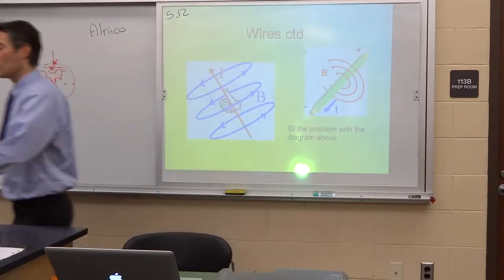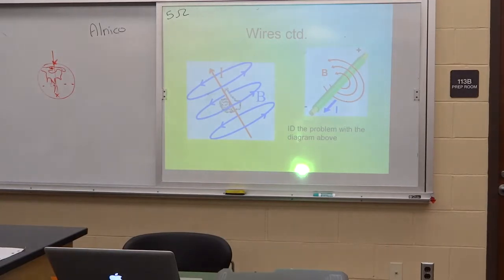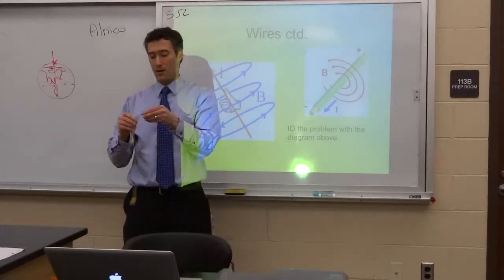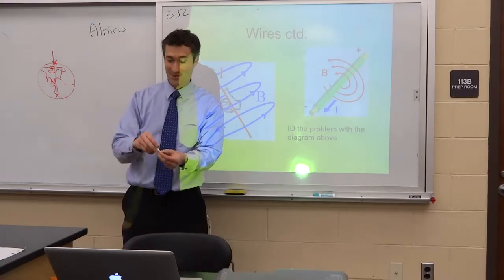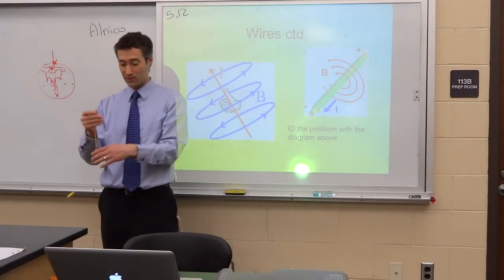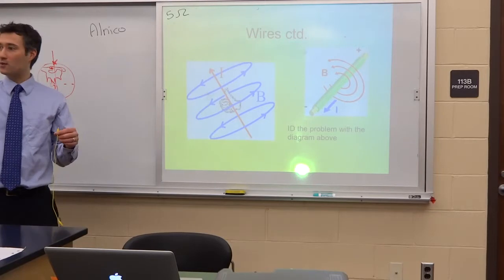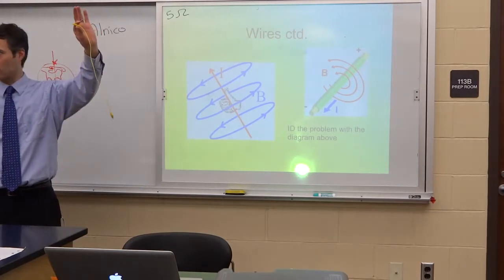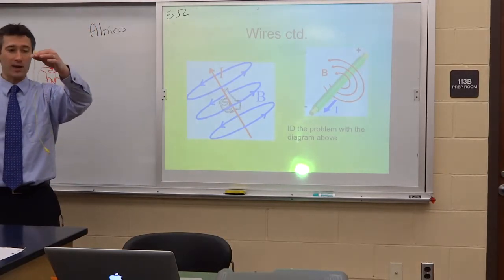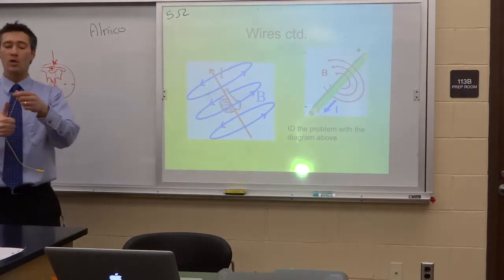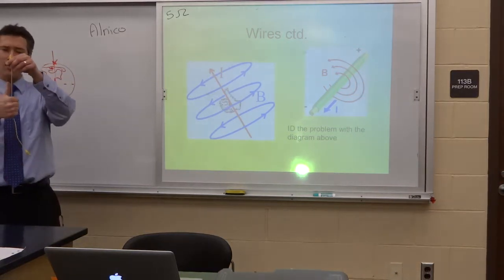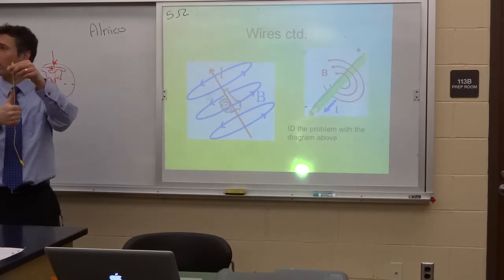Right here, each of you take a wire and unloop it so that the two ends aren't attached to each other. For those of you at home, you can get a wire too, just find a cord from something. Hold it in your left hand, because we need to use our right hand, and you literally wrap your right hand around the wire so that your thumb points in the direction that the current is moving.